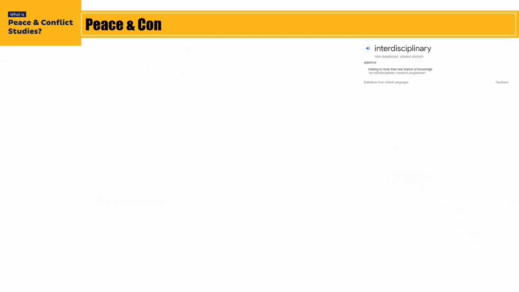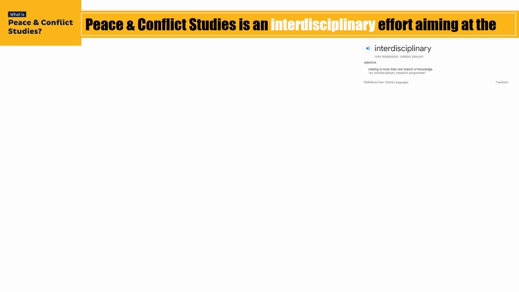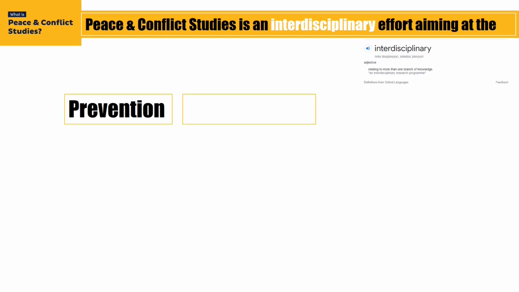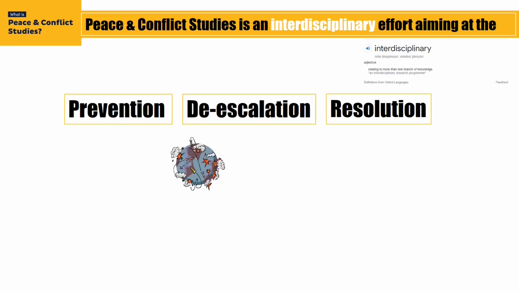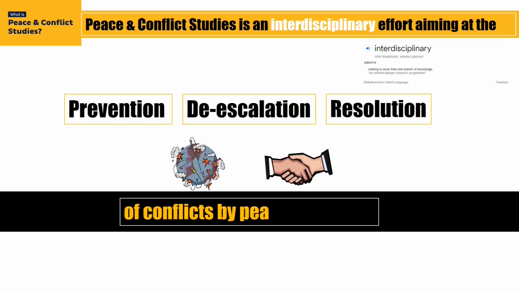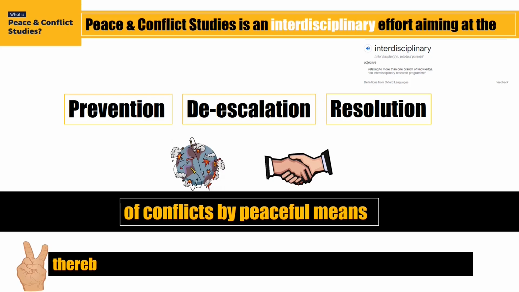Peace and conflict studies is an interdisciplinary effort aiming at the prevention, de-escalation, and resolution of conflicts by peaceful means, thereby seeking victory for all parties involved in the conflict.